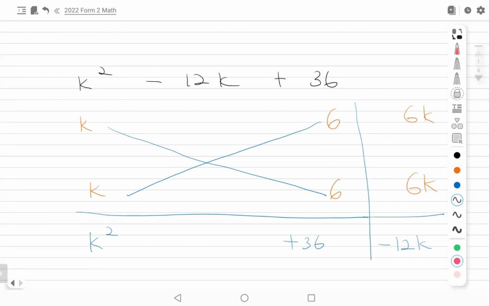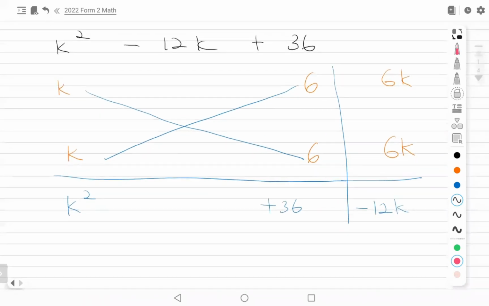Okay, one more step only. What is the right symbol? 6k plus 6k is positive 12k. We want the outcome to be negative 12k. So it's not plus, got to change it. If it's plus, then it becomes positive 12k.